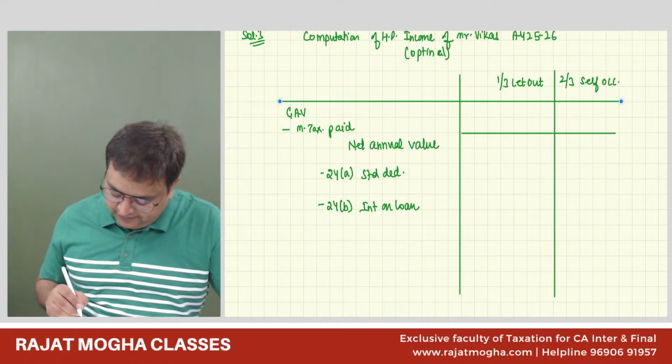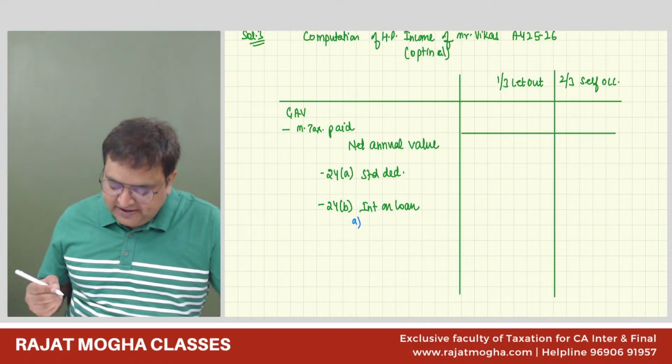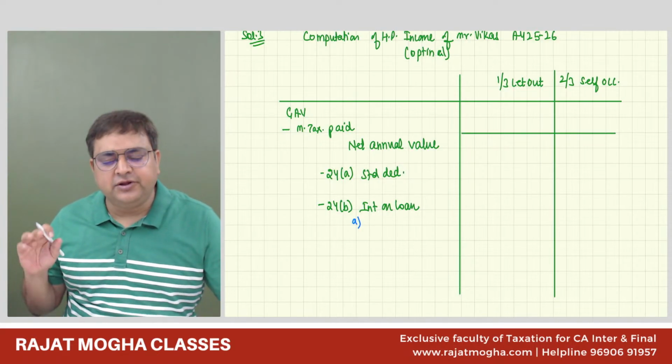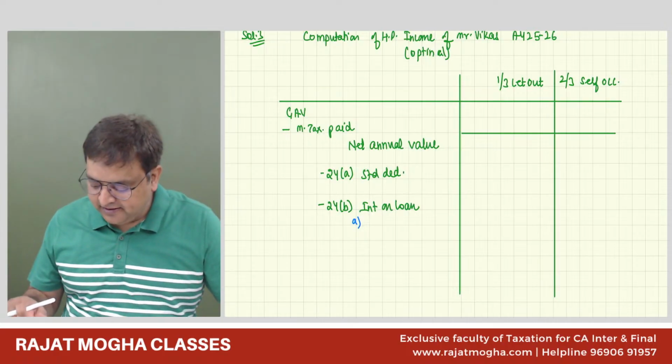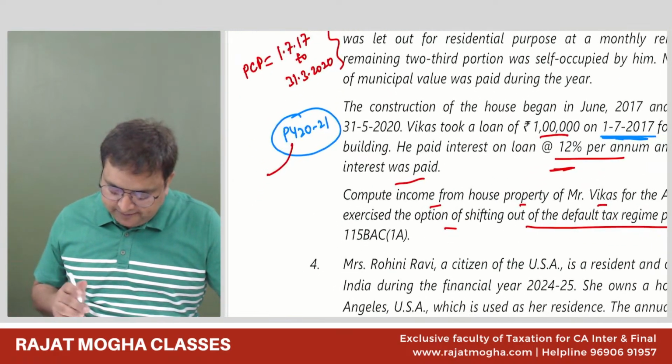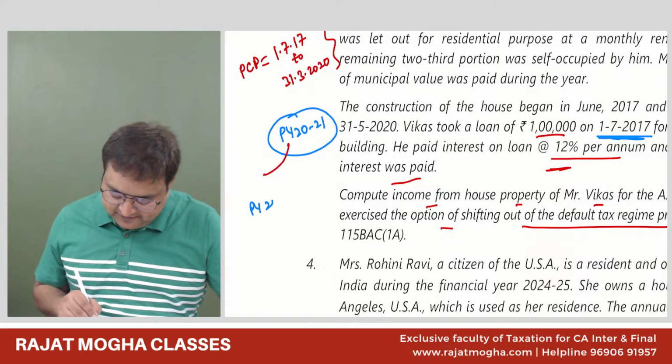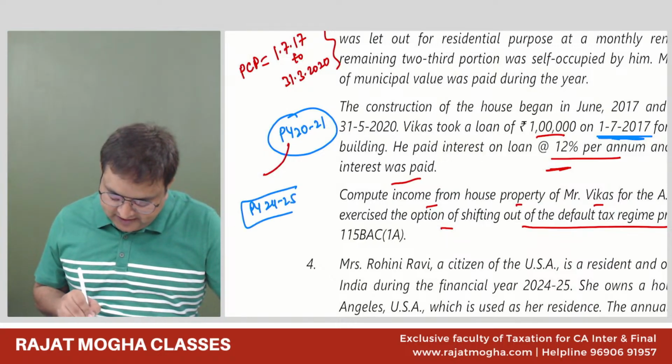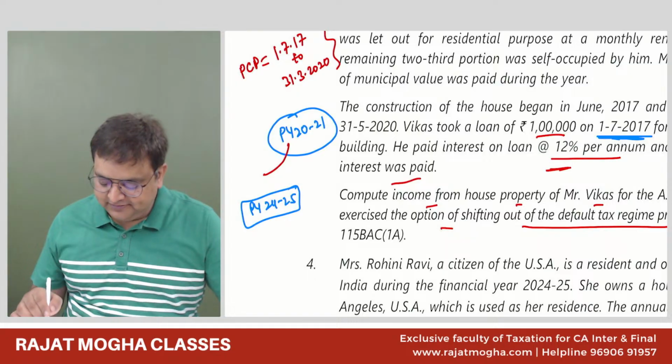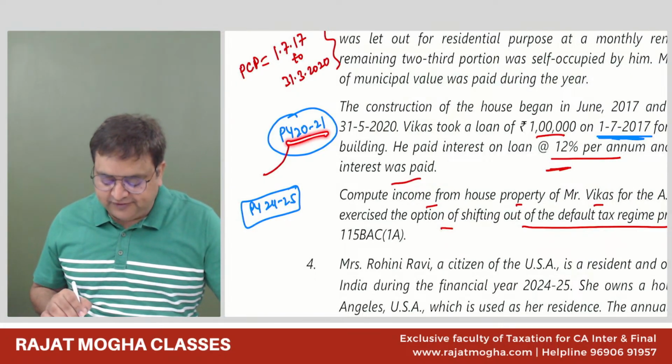So first of all, just see whether the pre-construction period is there or not. Although the question is saying that yes, it is there, but see whether, because our previous year is 24-25, we are in the first 5 years or not. See, 2021 is the first year.